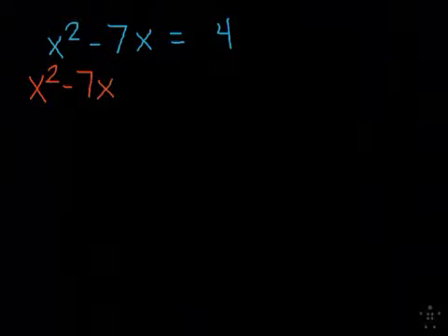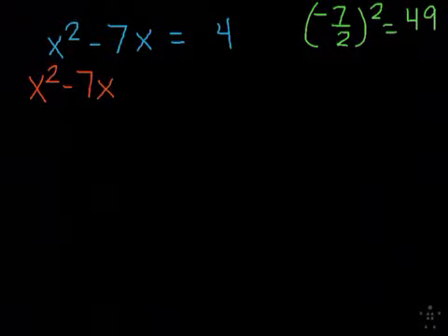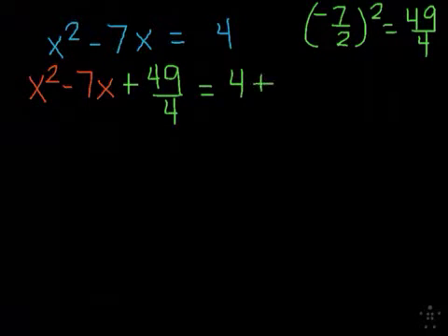So half of -7 and square is going to be 49 over 4. Leave it as a fraction. So we're going to add in 49 over 4 equals 4 plus 49 over 4. All right.